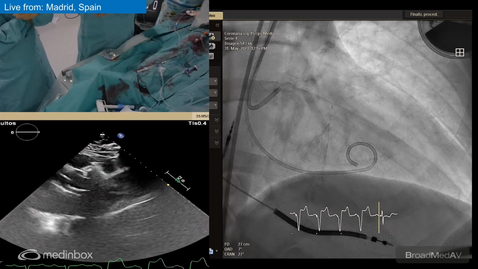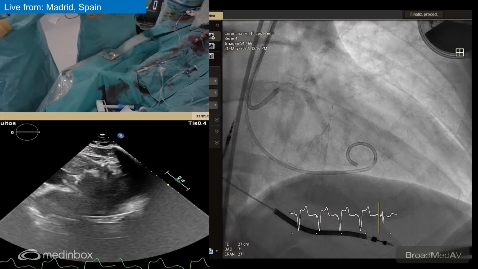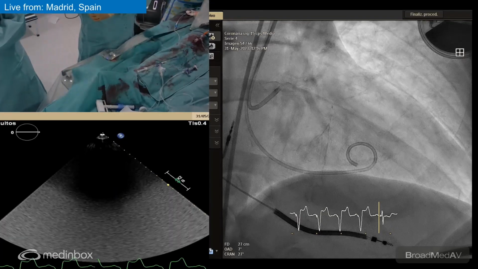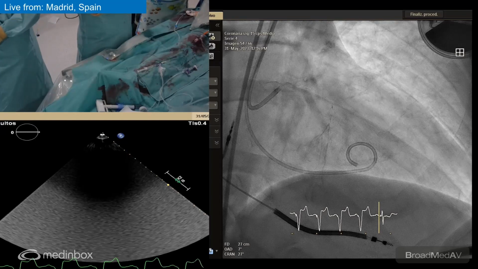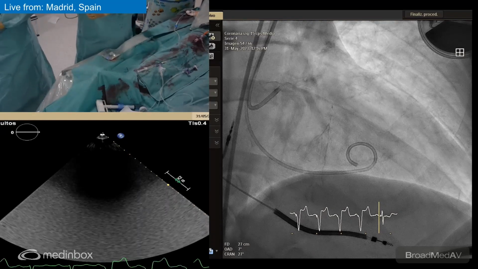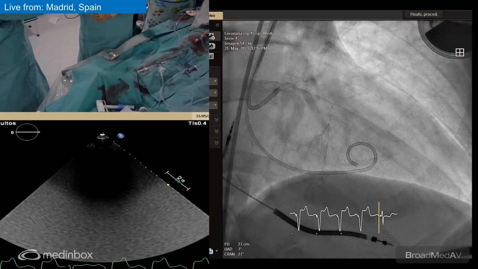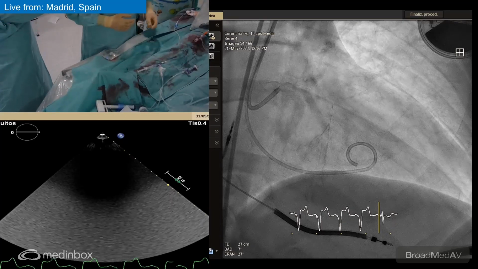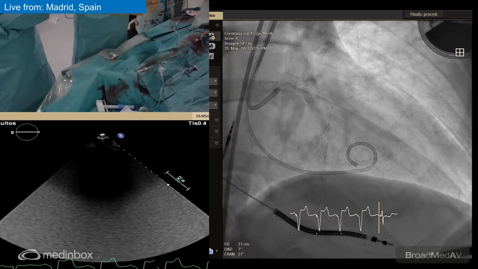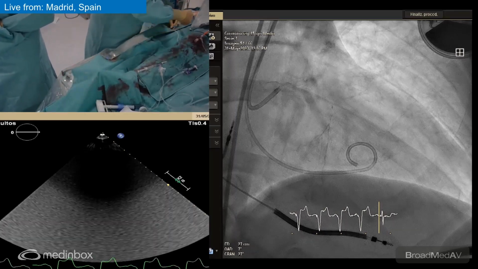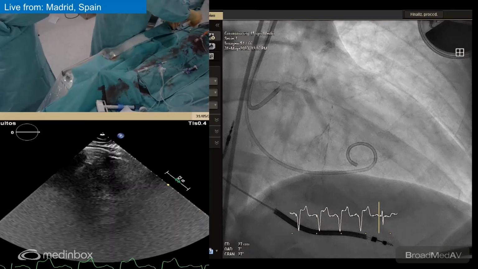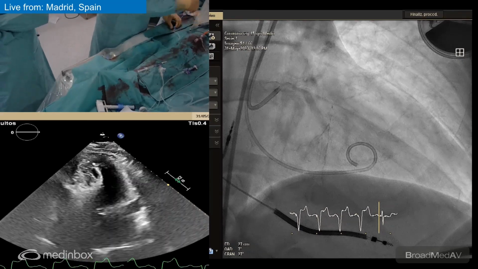Look, the ECG and the gradient is quite interesting to see the increasing gradient without pacing. Not all the people believe in this effect of the pacing. You can see now in live the effect of the early stimulation with a short PR.